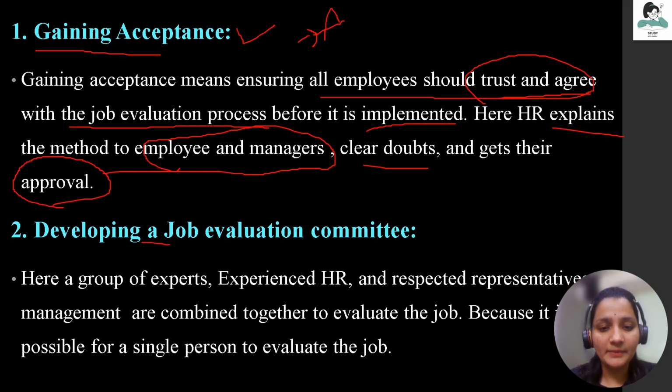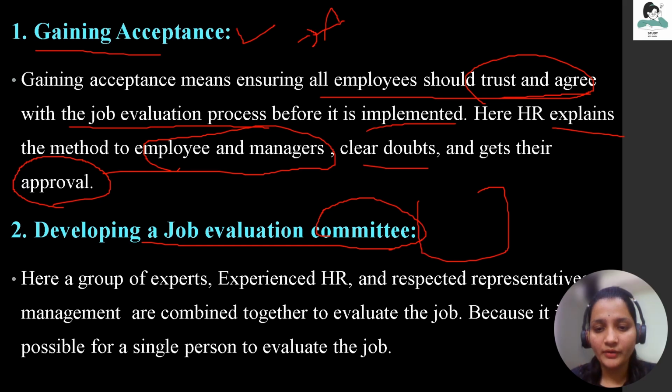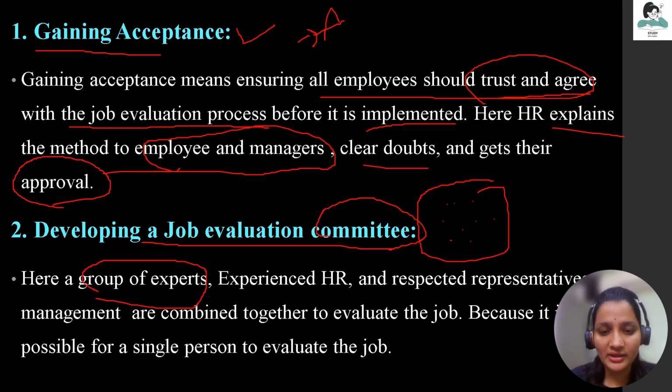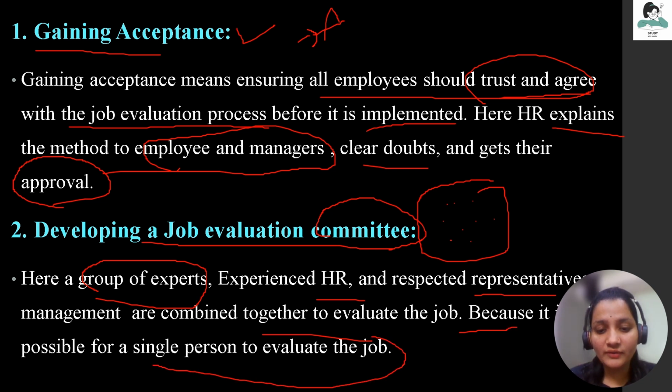Second one is developing a job evaluation committee. That means we are forming a group here, where the members will start the job evaluation process. Here a group of experts, experienced HR and respected representatives of management are combined together to evaluate the job, because it is not possible for a single person to evaluate the job, right?